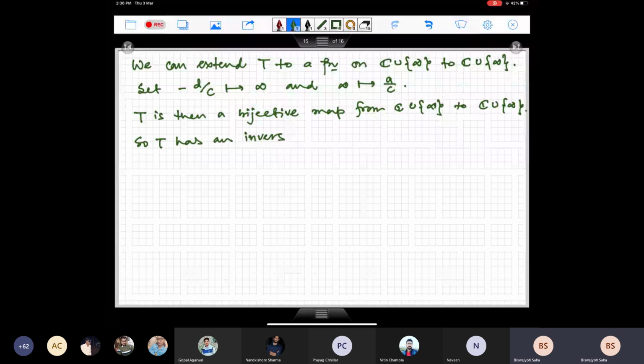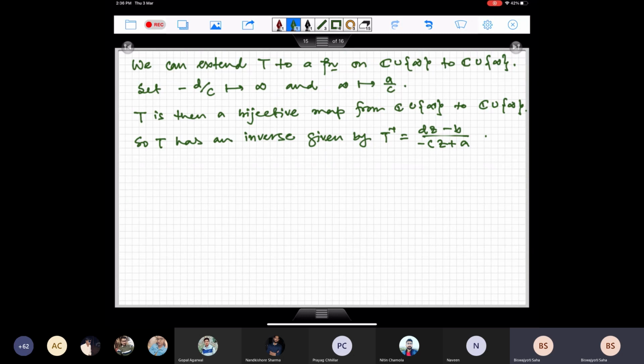So this inverse is given by T inverse, which is given by dz minus b divided by minus cz plus a. Okay, so this is what you can check, that the composition of these two maps is going to be identity.